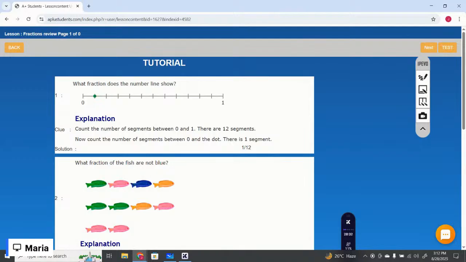What fraction of the number line? What fraction does the number line show? So there are 12 segments, and the one that has the green dot is the first one. So that is 1 out of 12.